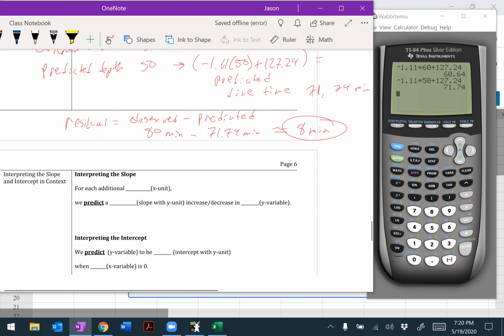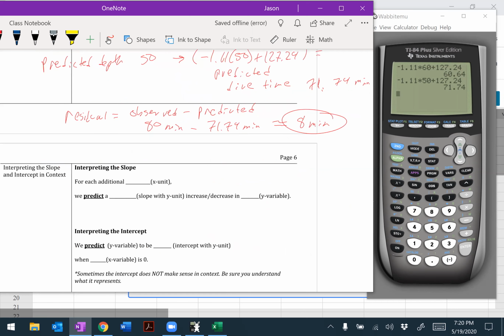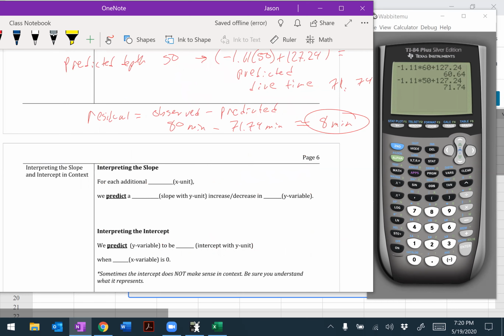How do we interpret the slope? For each additional foot that we went down, and this was a decrease, right? What was the slope? The slope was negative 1.11.